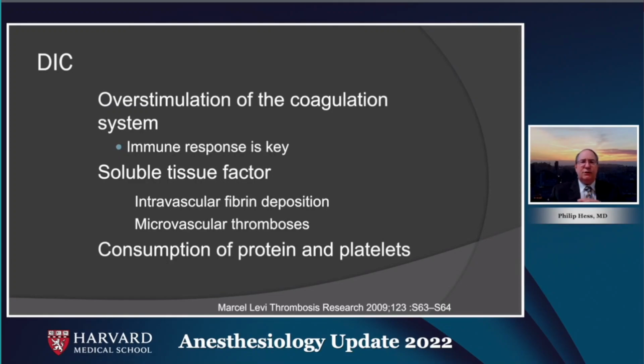And when the white cells are releasing tissue factor, there's an indiscriminate binding of factor 7A with that tissue factor. And so you get intravascular fibrin creation and deposition, microvascular thrombosis. And so throughout your entire body, there's consumption of both the platelets and the proteins.